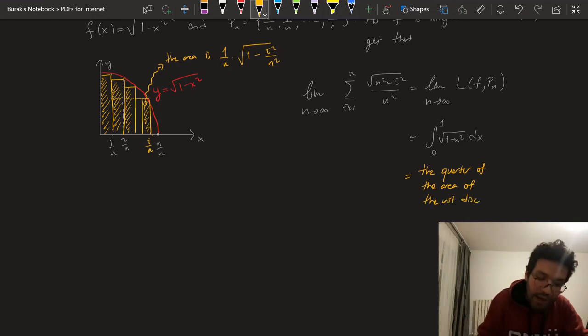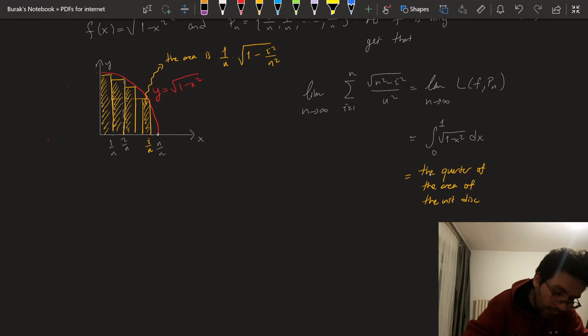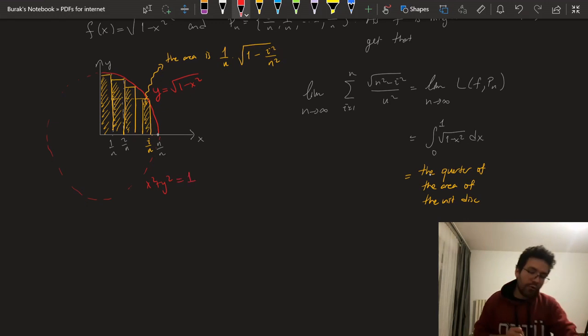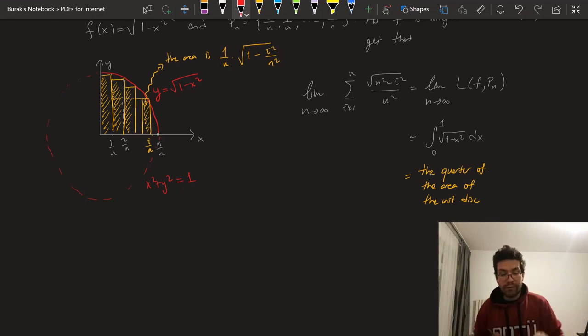You see, this is 1/4 of the disk x squared plus y squared is less than or equal to 1. If I were to draw x squared plus y squared equals 1, I would get a circle, and this is like 1/4 of the circle.